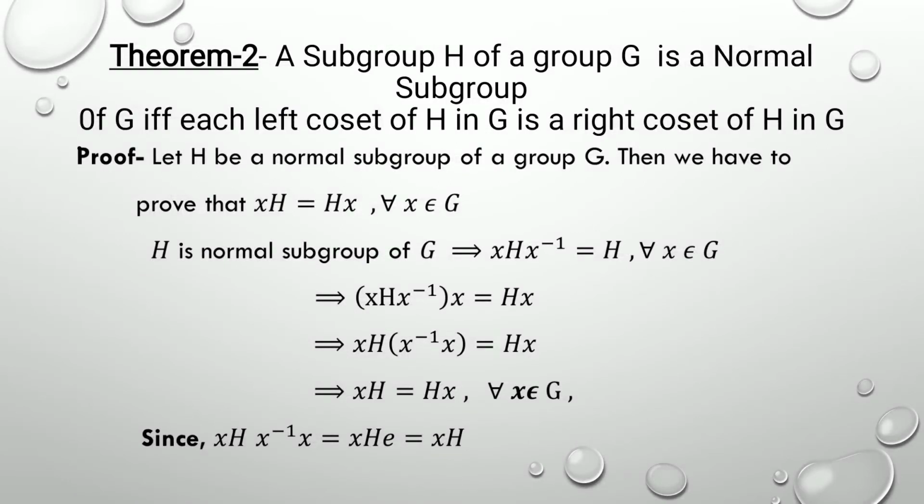A subgroup H of a group G is a normal subgroup of G if and only if each left coset of H in G is a right coset of H in G. The proof is so simple.